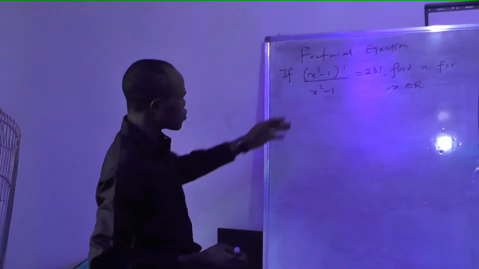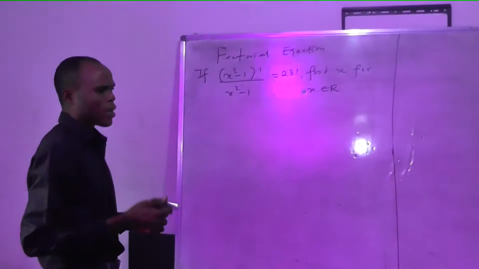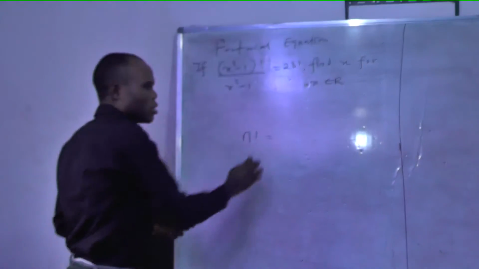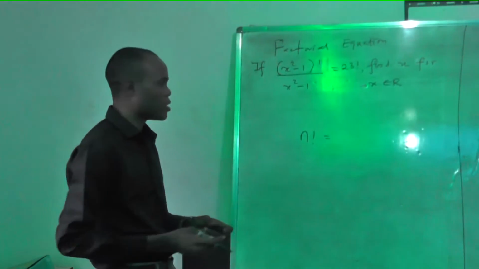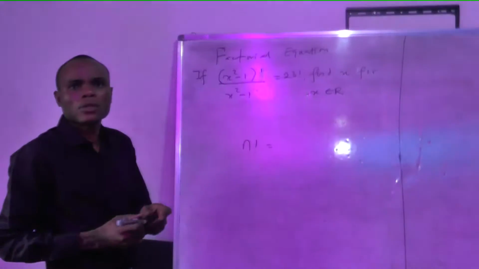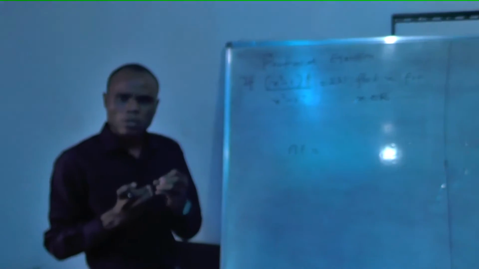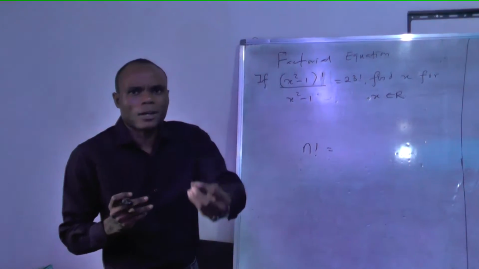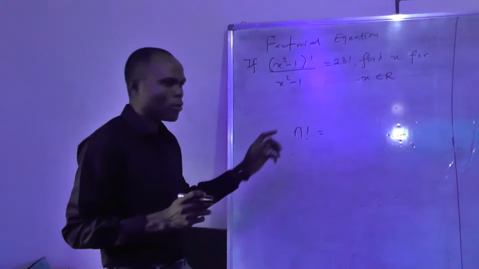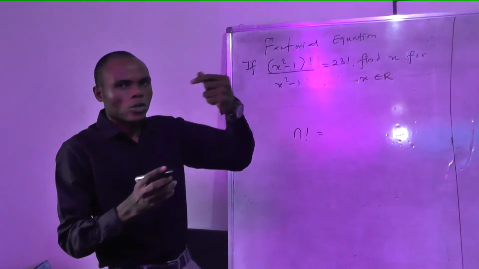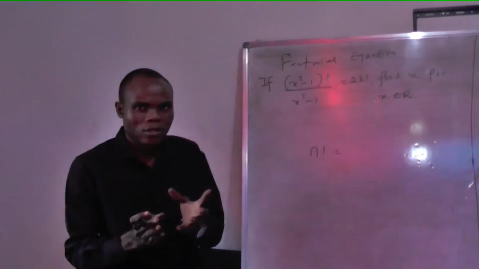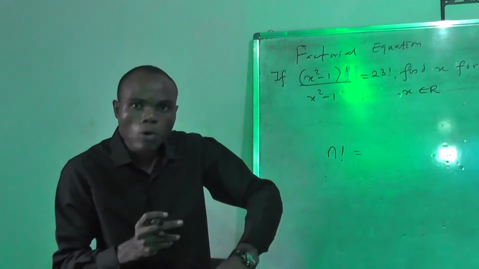Looking at this, you see that this is a factorial equation, and let me quickly remind us that if you have n factorial, where n is a positive integer, this simply means that you're going to find the product of the positive integers that are less than or equal to n.